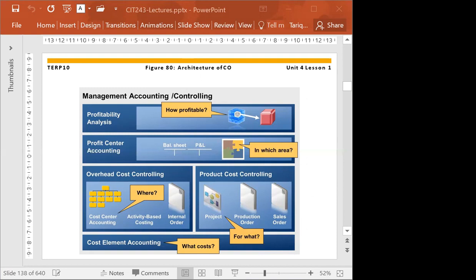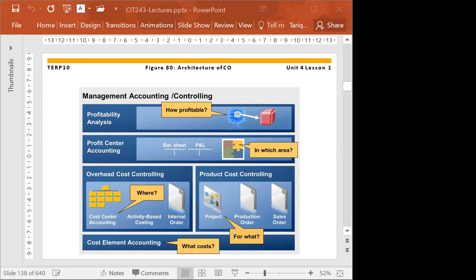So this is what you call an element. So this is the architecture of the controlling. Okay, and in this architecture, you can see that we have product cost controlling and overhead cost controlling. So data moves from these to the profit center accounting and to the profitability accounting.